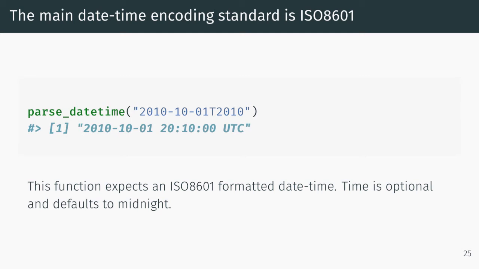The main date and time encoding standard is ISO 8601, and this is an ISO 8601 formatted date and time.